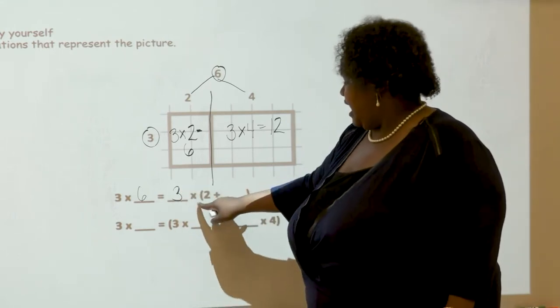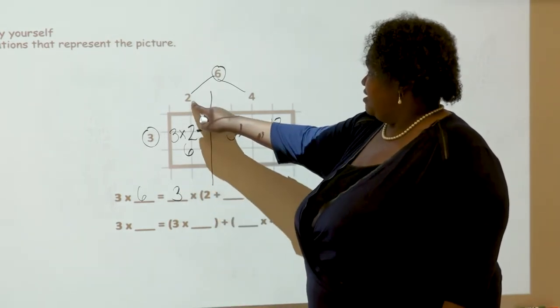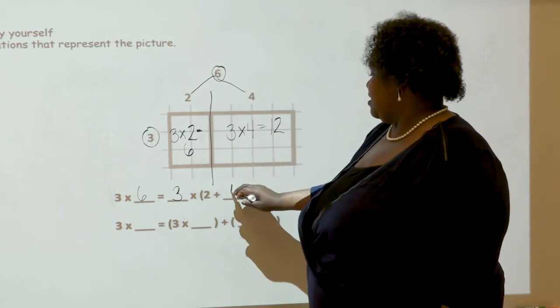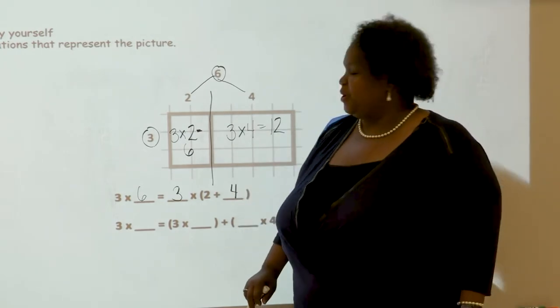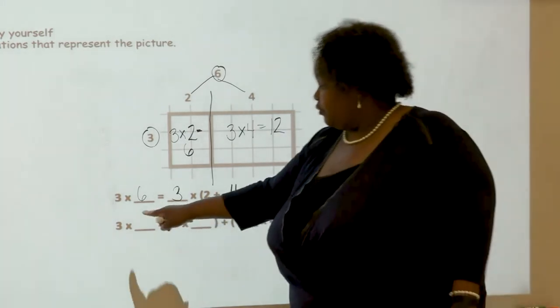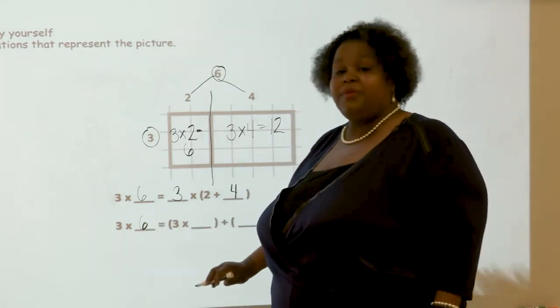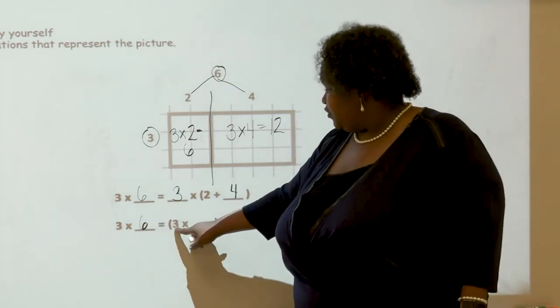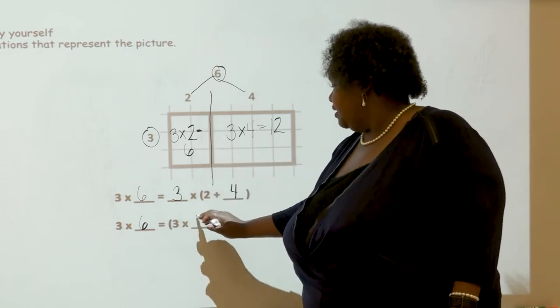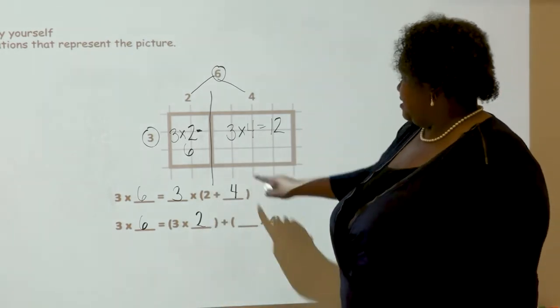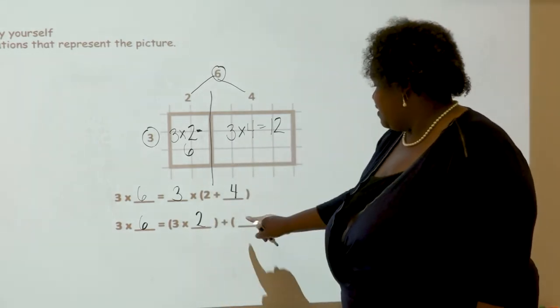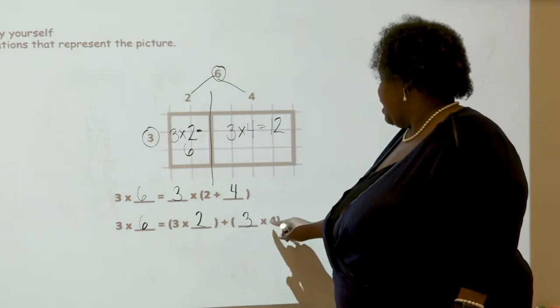Equals 3 times 2 plus 4. There it goes. We broke it apart. 3 times 6, that's my original problem, equals 3 times 2 and 3 times 4.